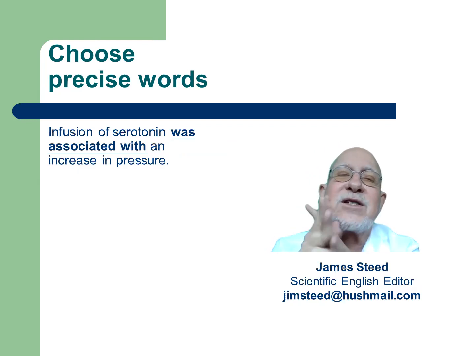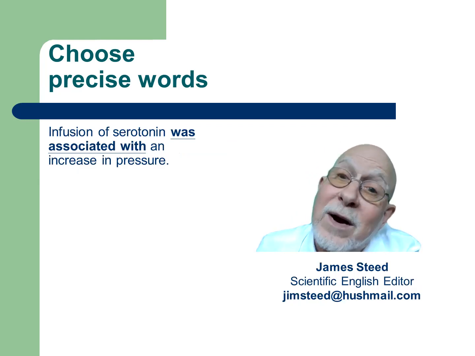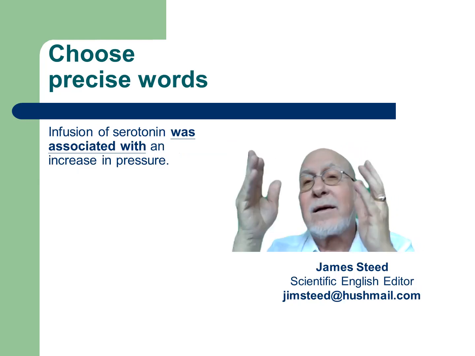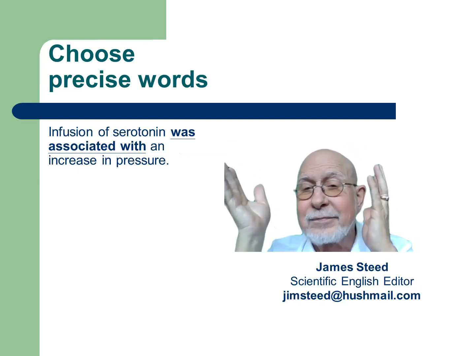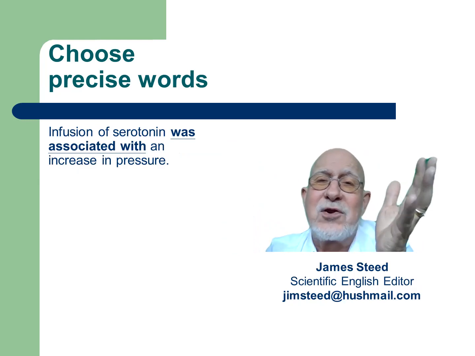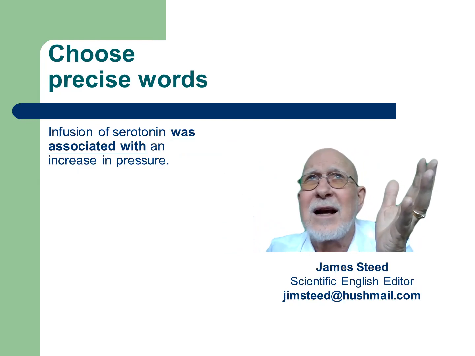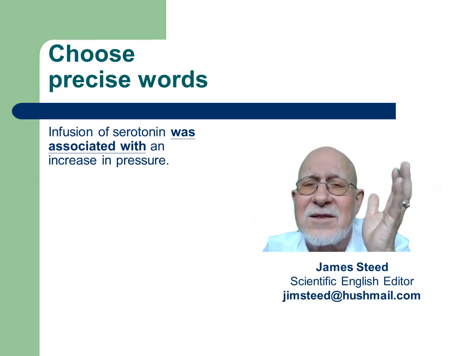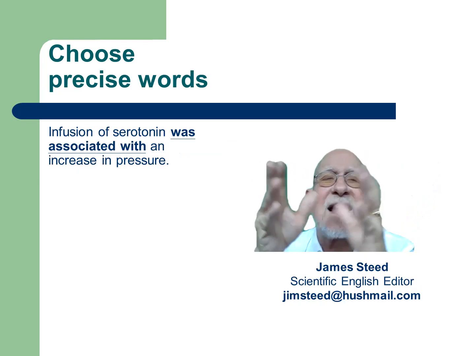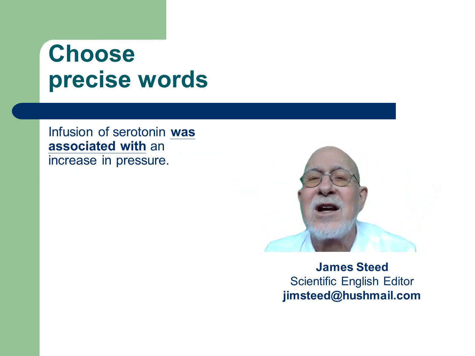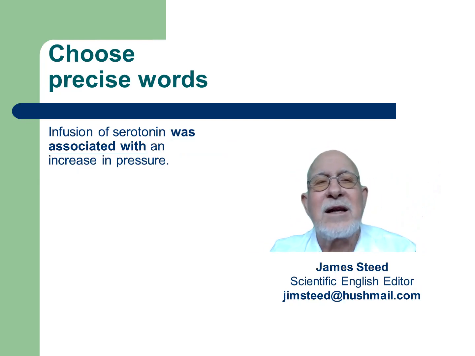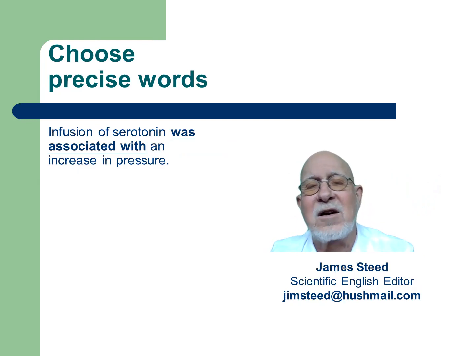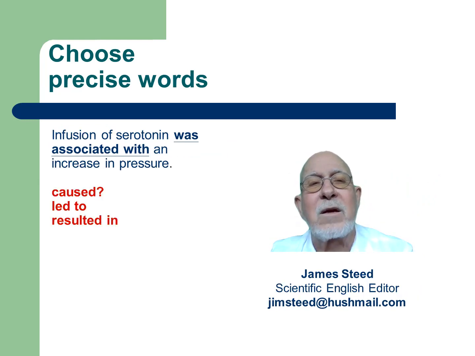Infusion of serotonin was associated with an increase in pressure. Associated with, well, if you're doing a study using surveys, for example, you could say that there is an association because you cannot establish cause and effect with those kinds of studies. But here, there's kind of a cause and effect going on. All right.